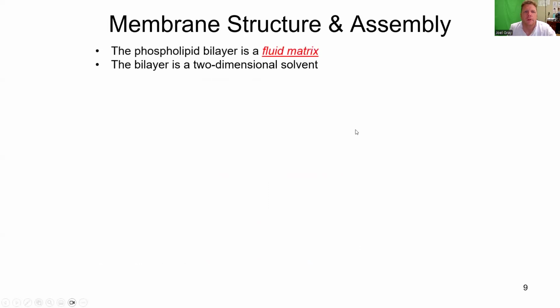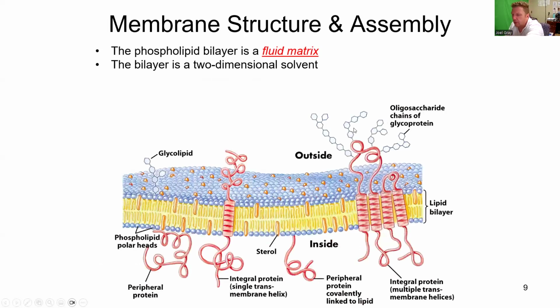So the membrane structure and assembly is pretty important to understand. The phospholipid bilayer is considered a fluid matrix. The bilayer is a two-dimensional solvent. And this picture right here captures the major parts of your lipid bilayer. So let's go ahead and fill in some blanks.